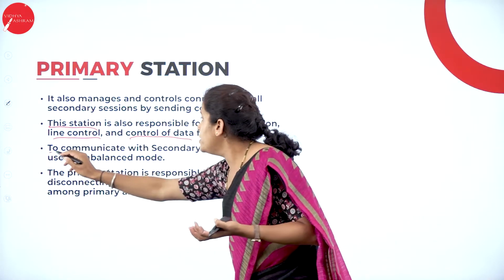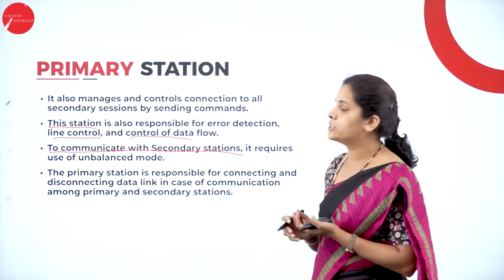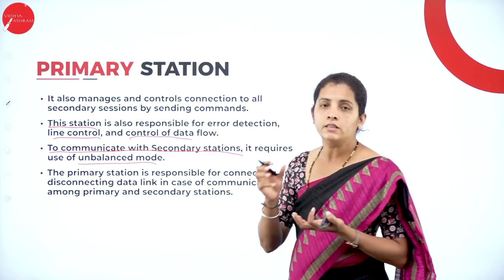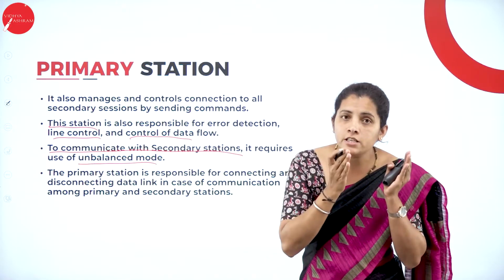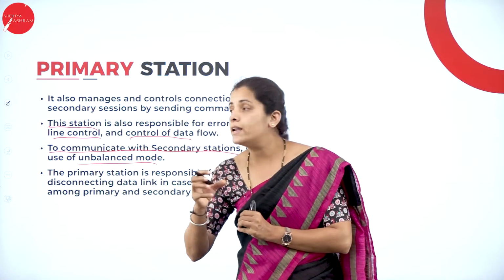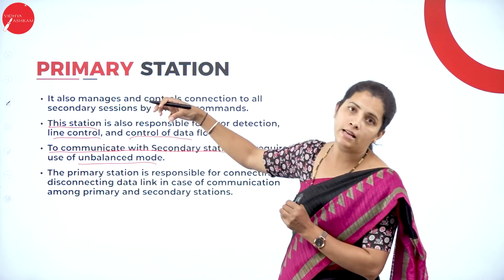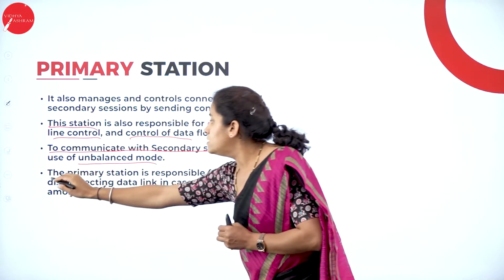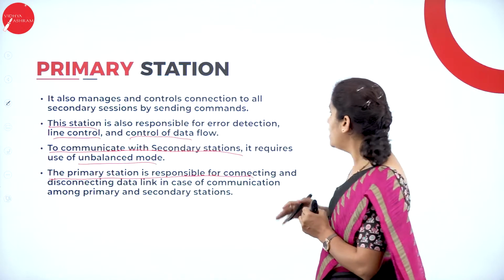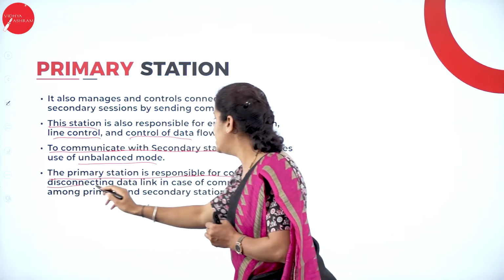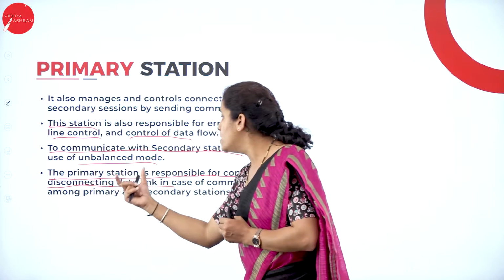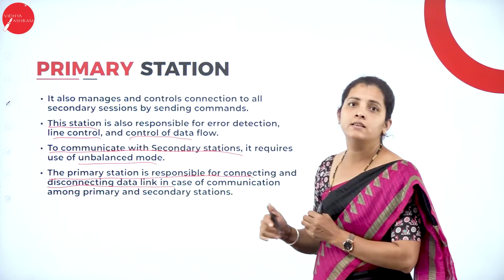To communicate with secondary stations, it requires unbalanced mode. Suppose the primary station wants to communicate with a secondary station, then it uses unbalanced mode. The primary station is responsible for connecting and disconnecting the data link in the case of communication between primary and secondary station.